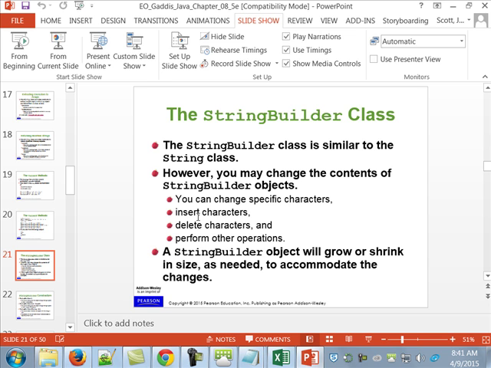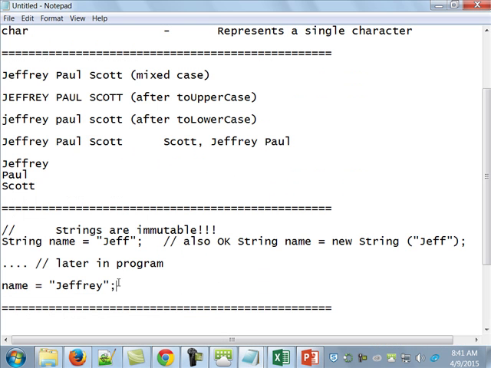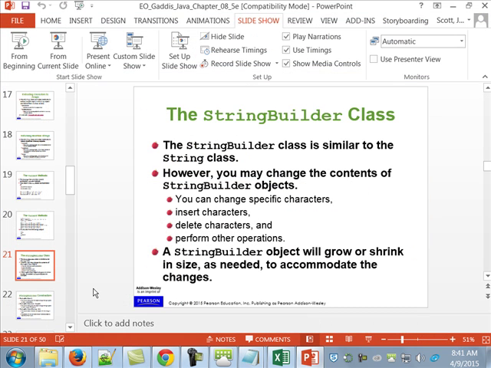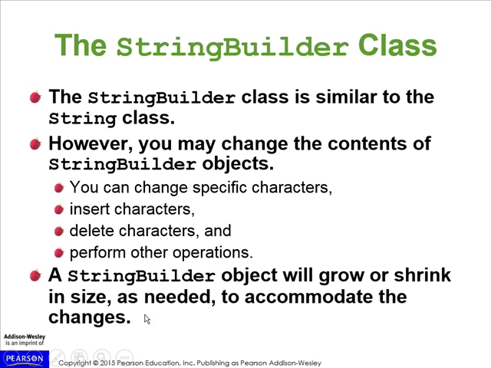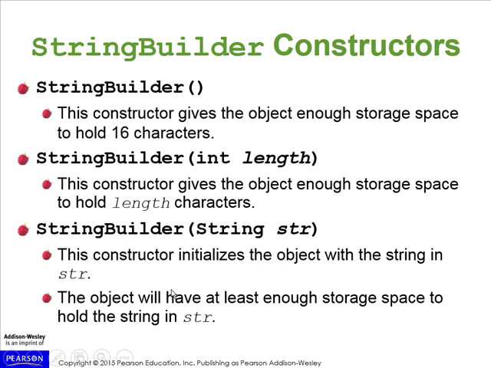They're mutable. So a string is immutable. A StringBuilder is mutable. So I can make changes to it. You can change characters, insert, delete, and do whatever you want to do. So it can grow and shrink in size as needed.